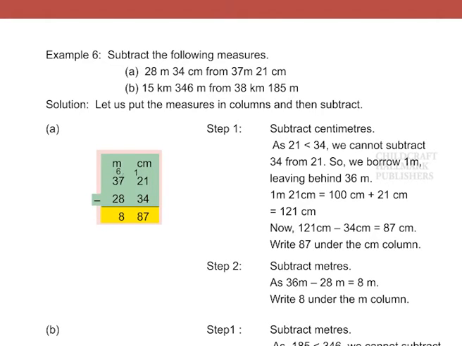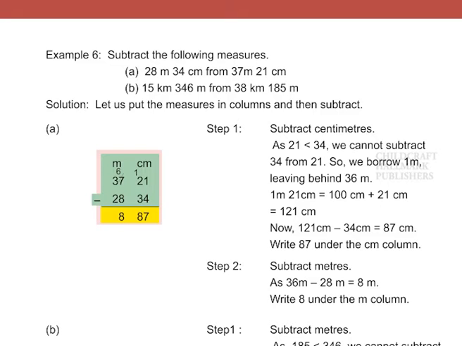Step 1. Subtract centimeters. As 21 is less than 34, we cannot subtract 34 from 21. So we borrow 1 meter, leaving behind 36 meters. 1 meter 21 centimeters is equal to 100 centimeters plus 21 centimeters, which is 121 centimeters.